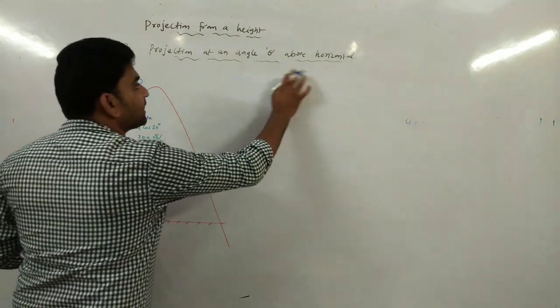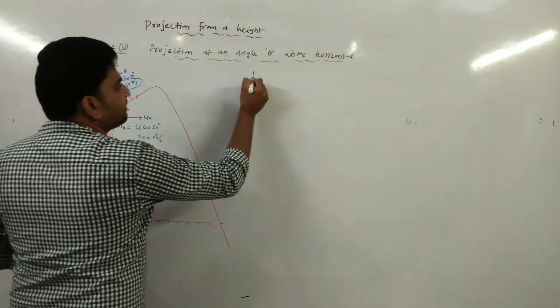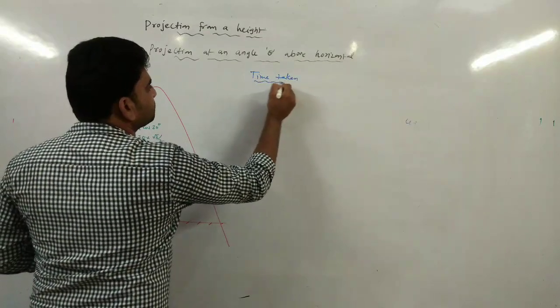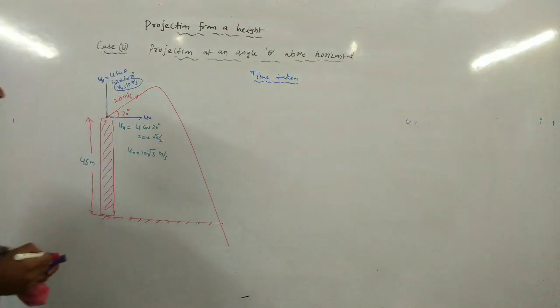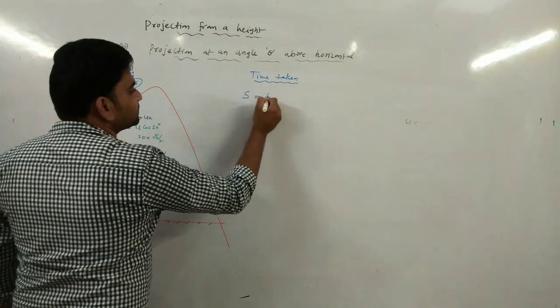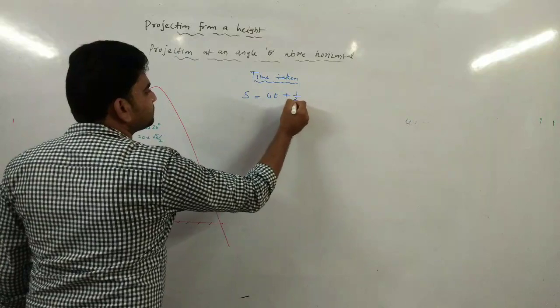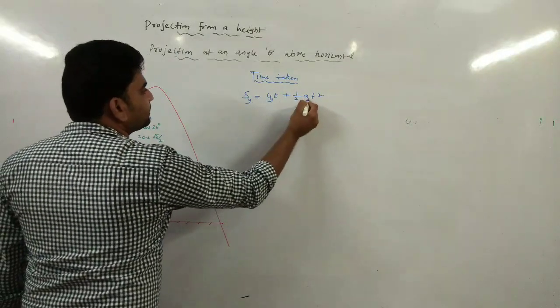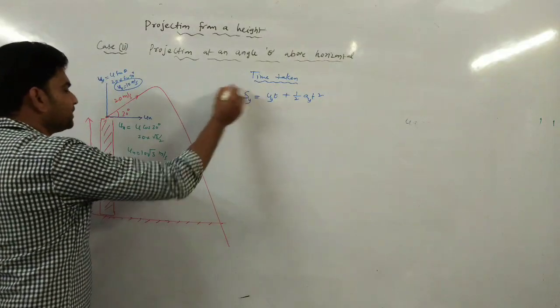And let me calculate first the time taken by the body to reach the ground. So for that I am taking y direction motion, using the equation s equals ut plus half at square. So this is sy, uy, ay. My sy becomes what here?